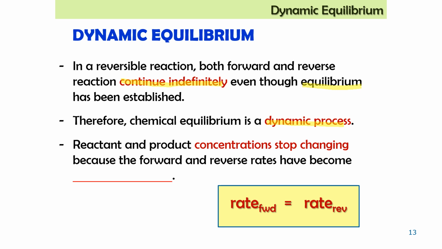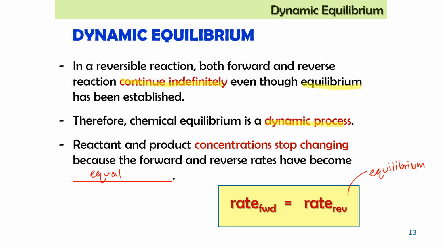The reactant and product concentrations stop changing. Maksudnya dia akan jadi constant sahaja because the forward and reverse rates have become equal. Rate of forward reaction is equal to the rate of reverse reaction. So this is when it is in equilibrium.